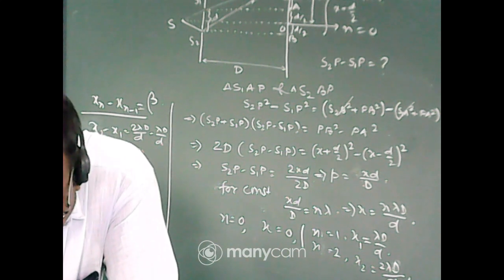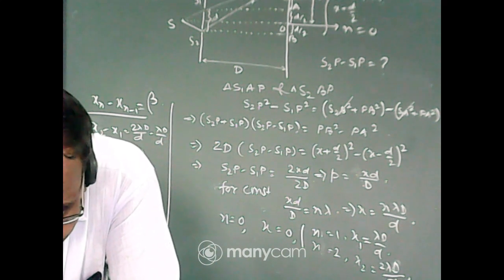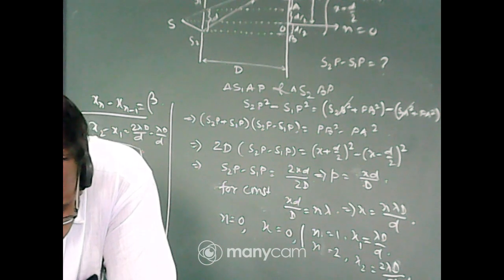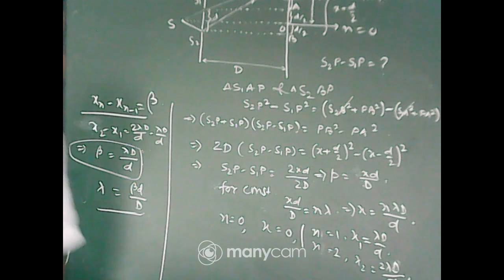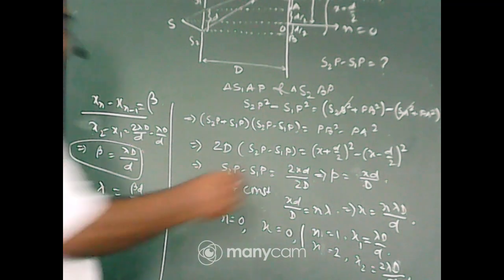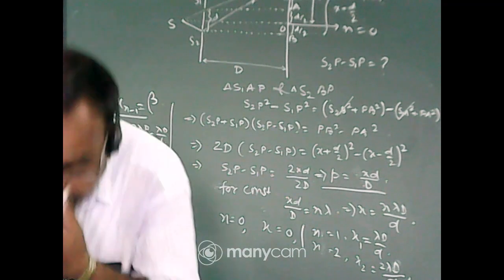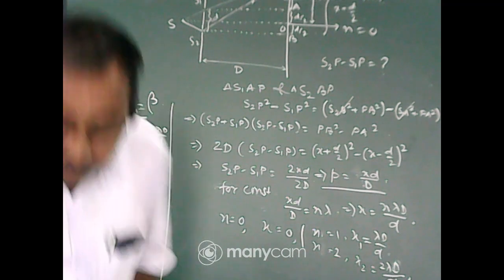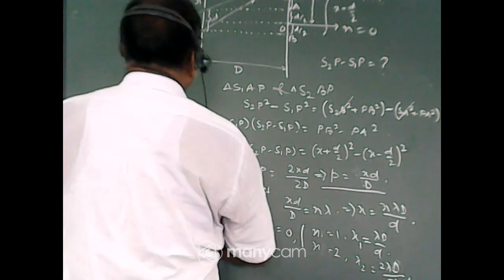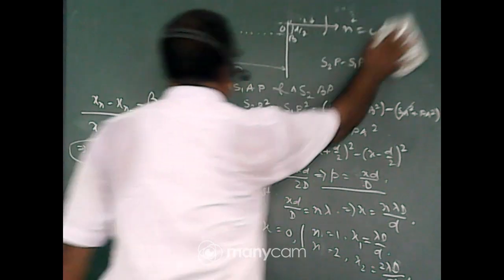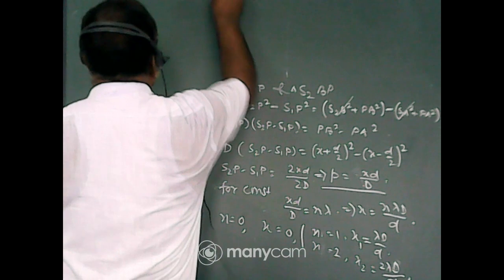So if you try to find out the dark fringe, the condition is p equal to (2n minus 1) into lambda by 2. x d by D. This is for the bright fringe and that is for the dark fringe.